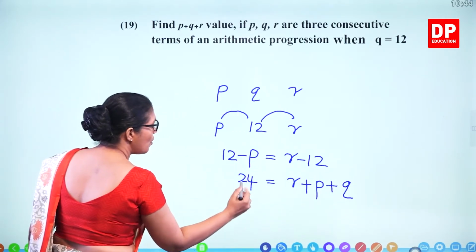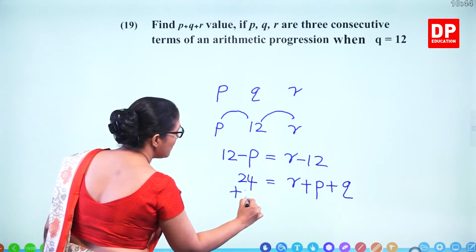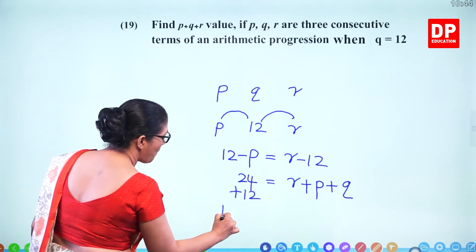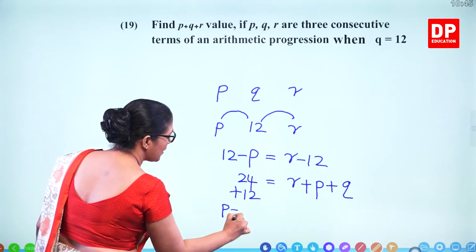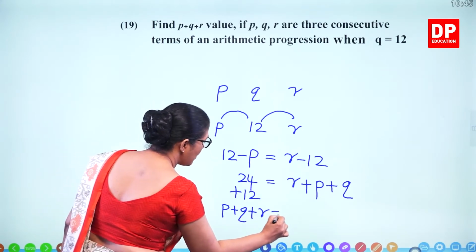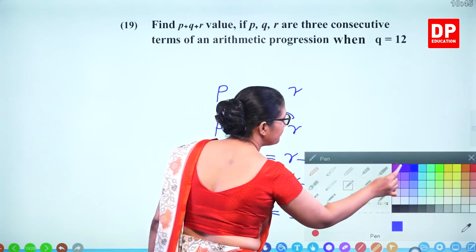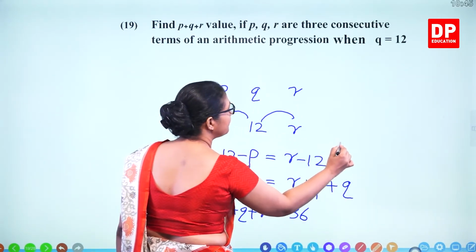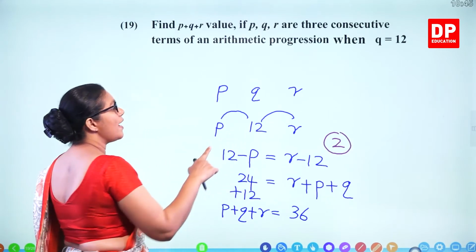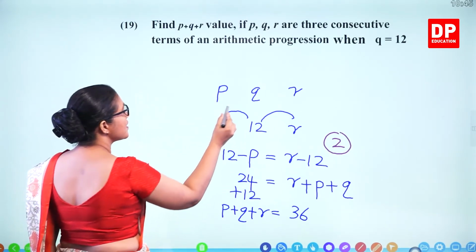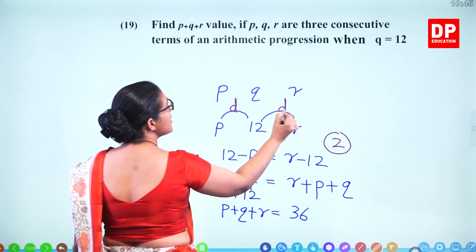Q value is 12, add 12. So P plus Q plus R is equal to 36. So 2 marks for that. So you need to identify the common difference.